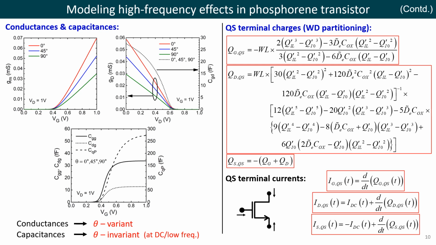Finally, using these terminal charge equations, we can express the respective terminal currents under the time varying external bias as Ig(t) equal to d/dt of Qg(t), Id(t) equal to Idc plus d/dt of Qd(t), and Is(t) equal to minus Idc plus d/dt of Qs(t). Here we have considered the directions of all terminal currents to be entering into the device.